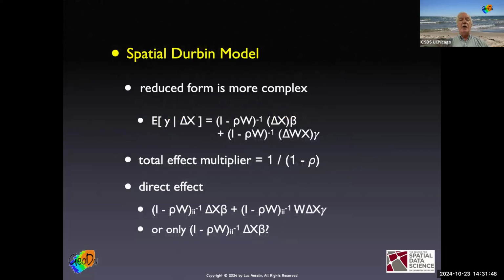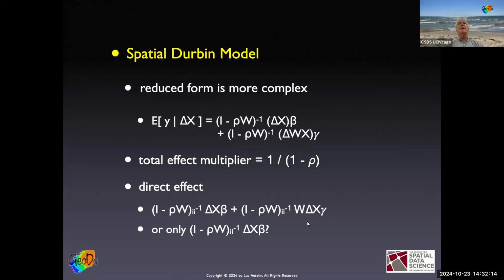In the spatial Durbin model, the total effect is the same. The only thing that's different is how we divvy it up between direct and indirect effects. And here it gets a little complicated because in some literature, the direct effect includes Wx.